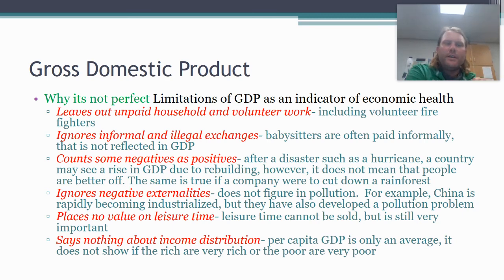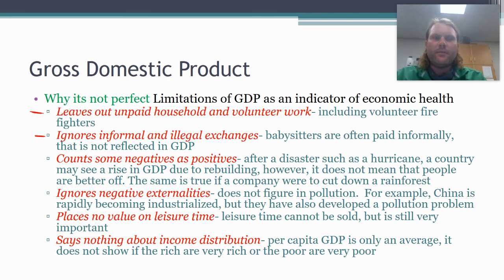All right, we've mentioned these throughout the last few slides: why it's not perfect. If we're only using GDP to measure how good our life is, and higher GDP is better, well, keep in mind some things. Number one is it leaves out volunteer work. So volunteer firefighters add zero to GDP. They save people's lives.